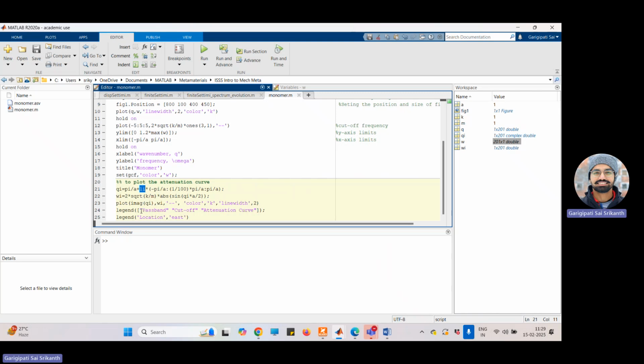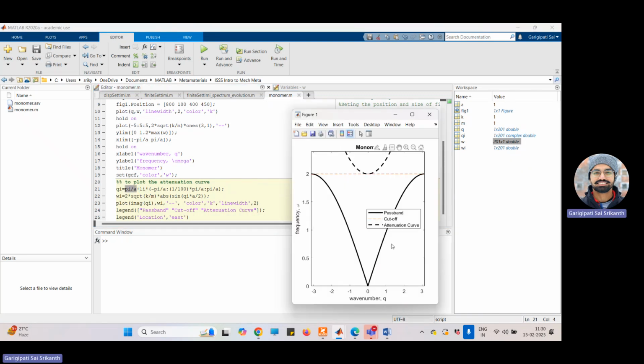Note that at the cutoff point there is an alpha value here that is pi by a, where a is 1, so pi, right?